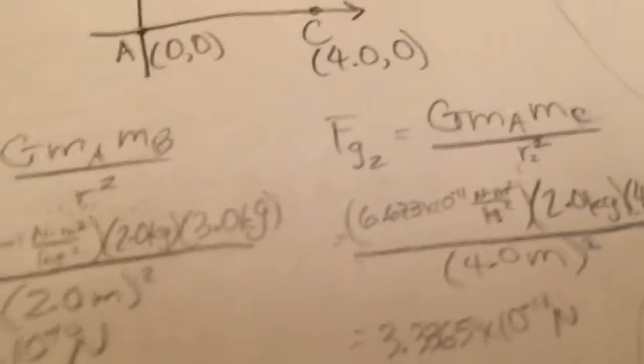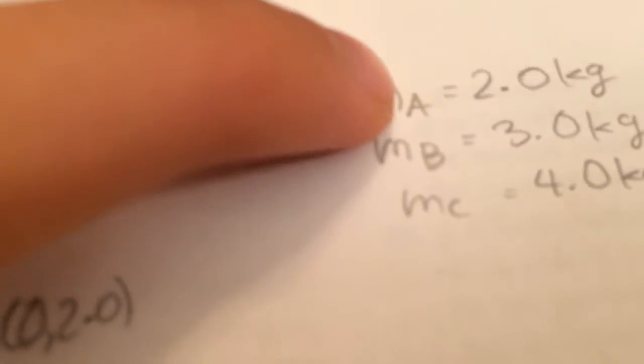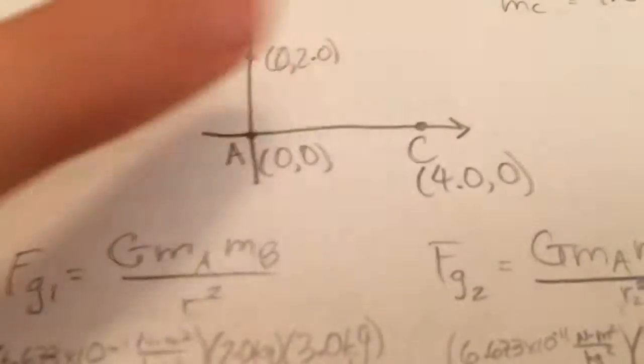That's due to the fact that the masses at point B and point C are larger than the mass at point A, so there's going to be a net force in that general direction, as you can see.